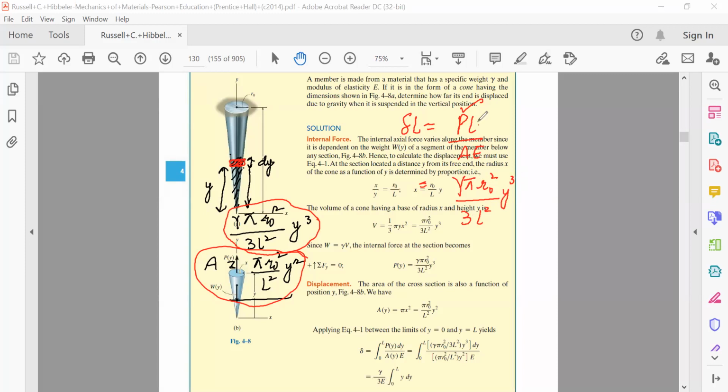How much is the length of this small element? We have taken its length to be dy, divided by area. Its area is pi r naught square by L square into y square. And the Young's modulus of elasticity is E. And this is the change in length in this small element whose length is dy.